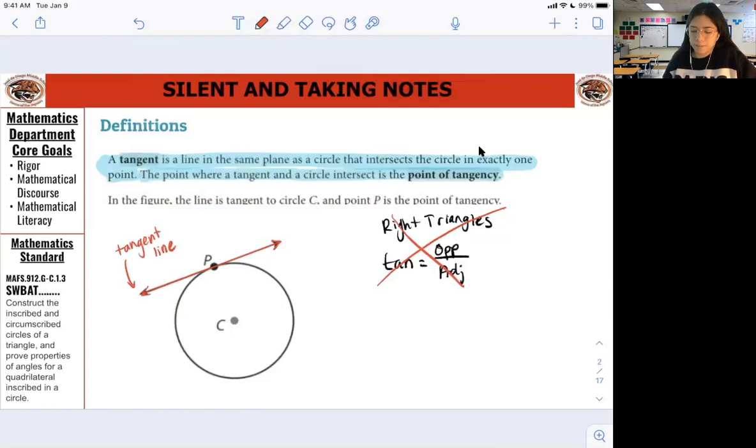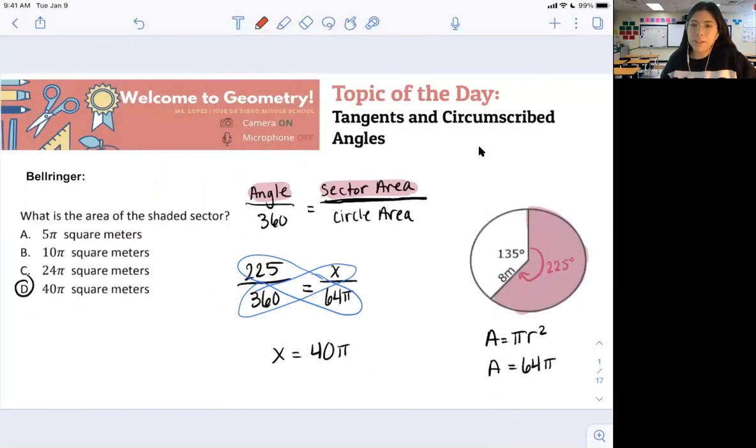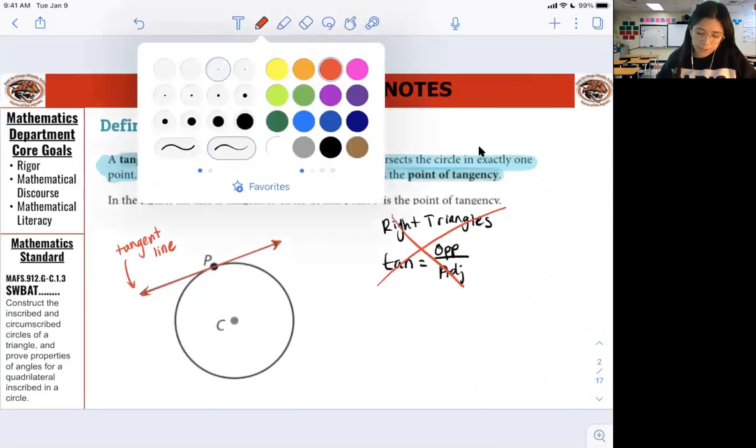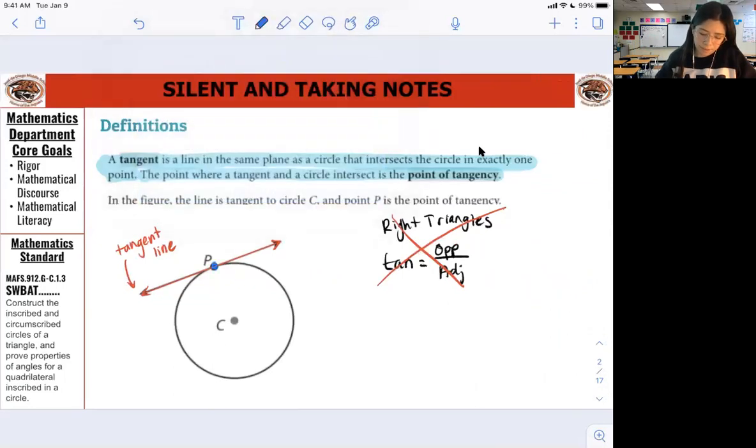Today's lesson, I'll go back really quickly: tangents and circumscribed angles. So that's my tangent line, and the point that it passes through is the point of tangency.